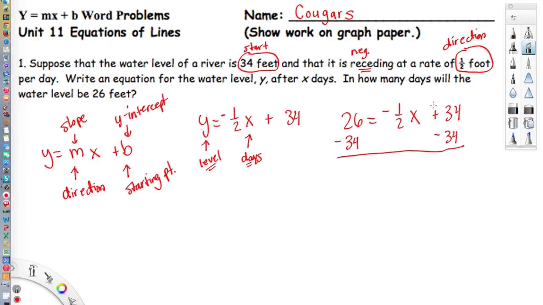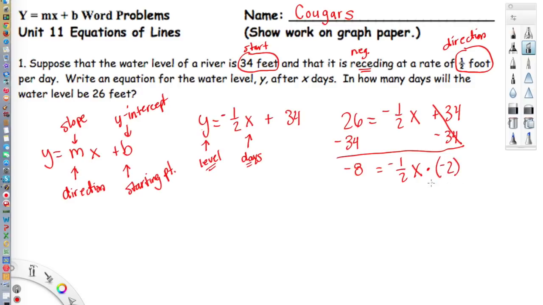First inverse operation that gets rid of 34, and then over here I will be left with negative 8 is equal to negative 1/2 x. Okay, what's happening to our variable? It's being multiplied by negative 1/2. What's the inverse of that?